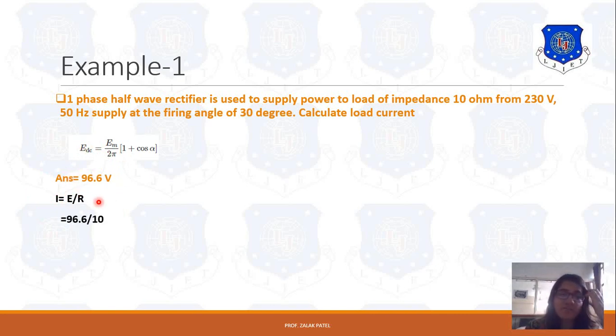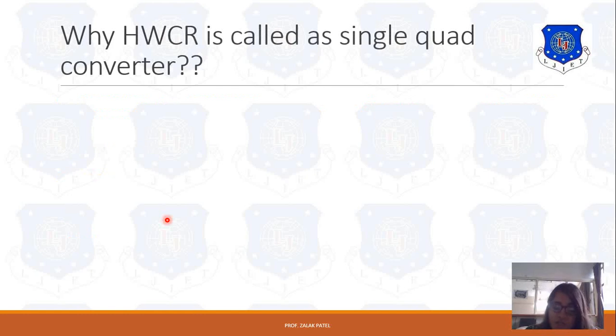The answer will be 96.6 divided by 10, as 10 is our impedance. So it gives us the answer 9.66 ampere. This is the answer of this example. In the same way, it can also be asked to find the RMS value or form factor. So you just apply the equation and put in the values.